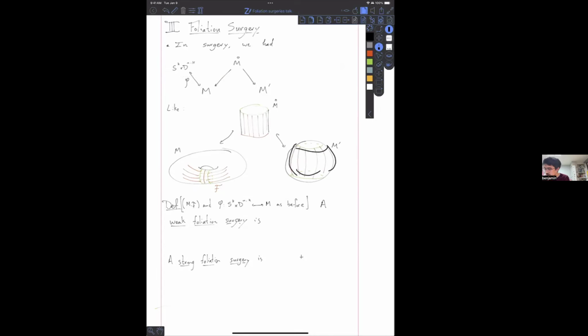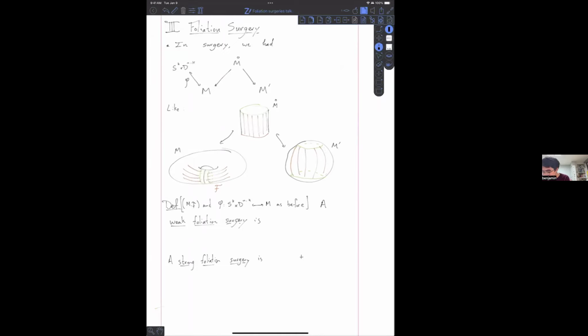Now let's suppose that M furthermore starts with a foliation. Then what we can do is take this foliation, restrict it, and push it forward, or think of it as living as a partial foliation on our surgered manifold.